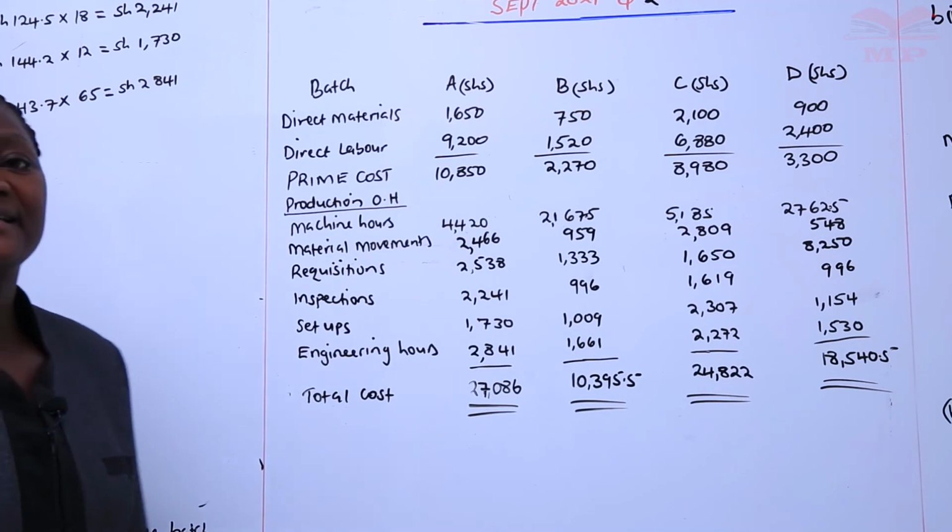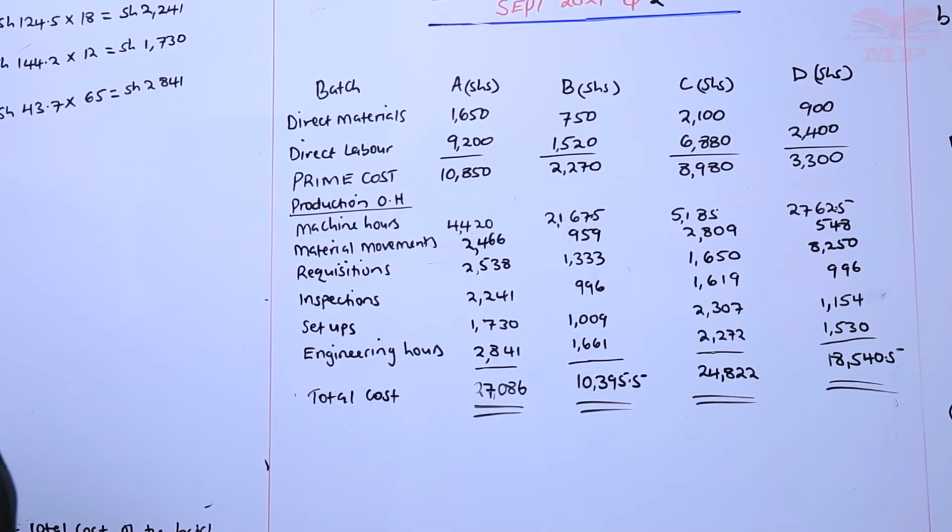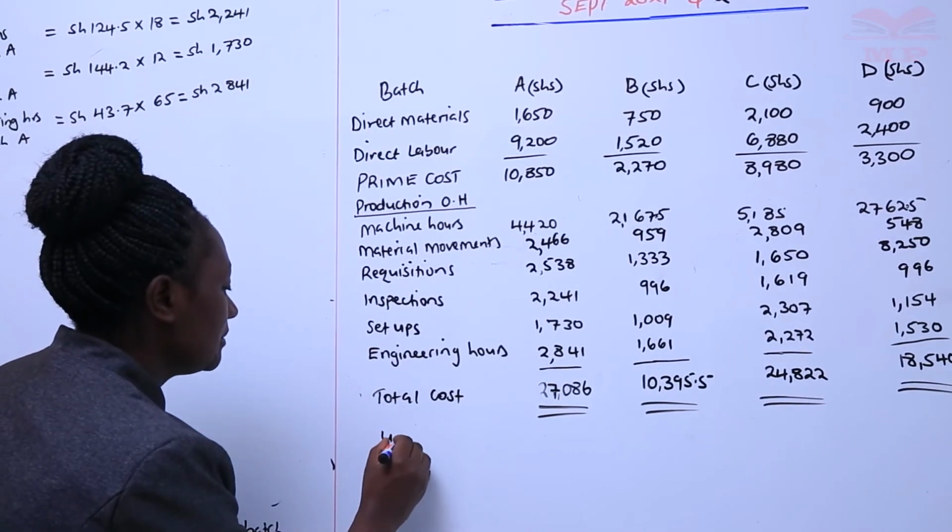So once we have calculated the total cost, we now calculate the unit cost.